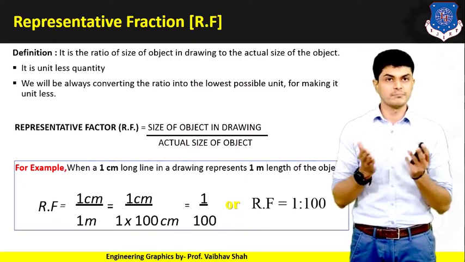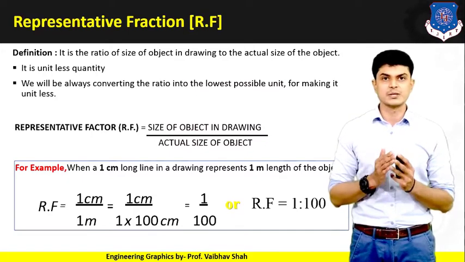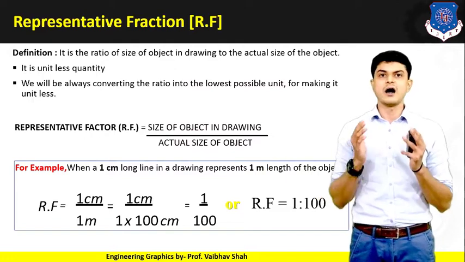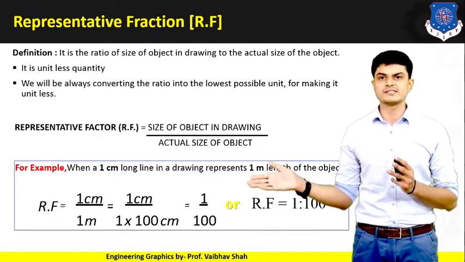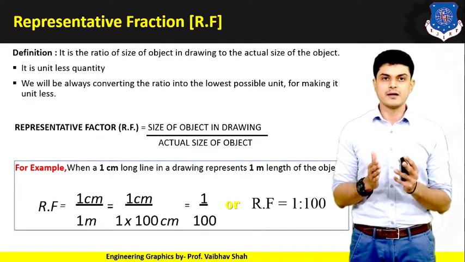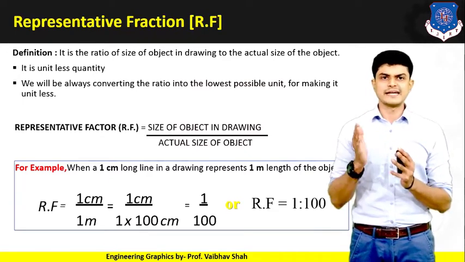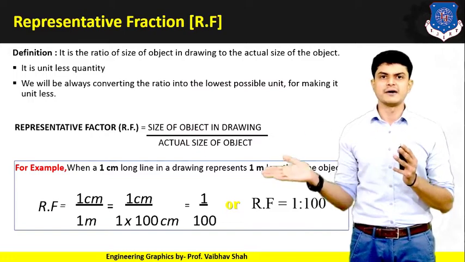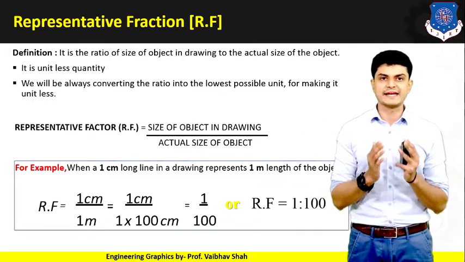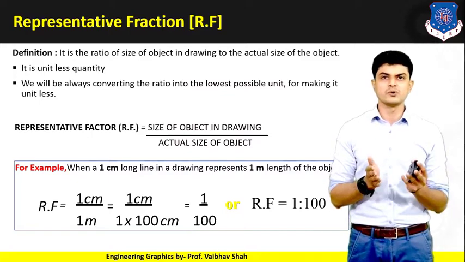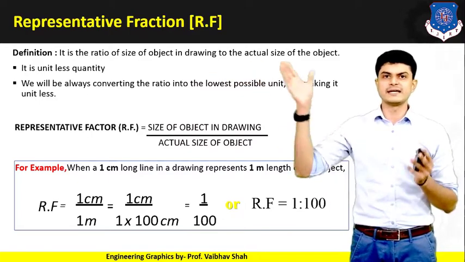We know that 1 meter is 100 centimeters, so we substitute 1 meter as 100 centimeters. Now you can see 1 centimeter by 100 centimeter, the centimeter cancels out, and we get 1 by 100, which is nothing but our final RF. And as we know, it is a unitless quantity, as we have said.